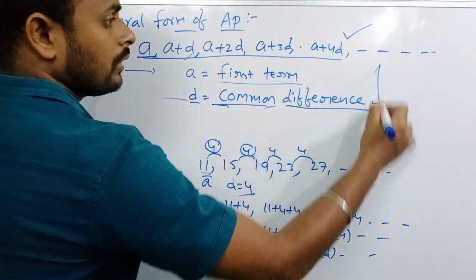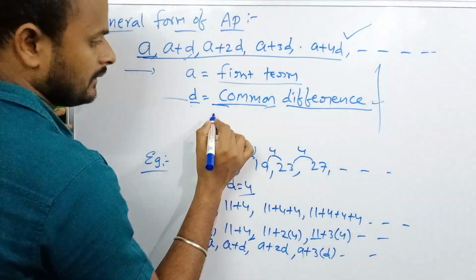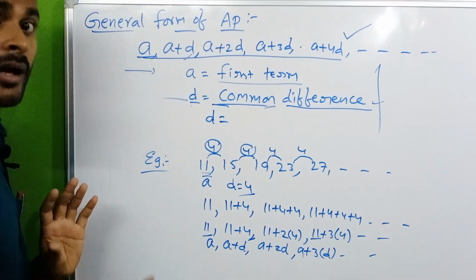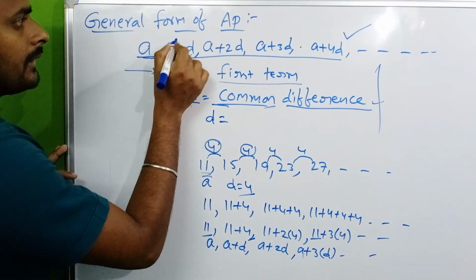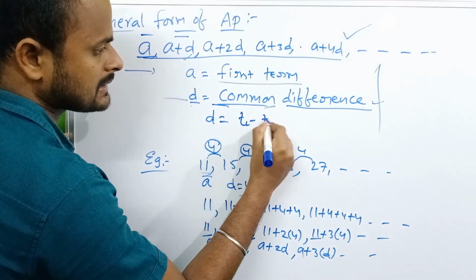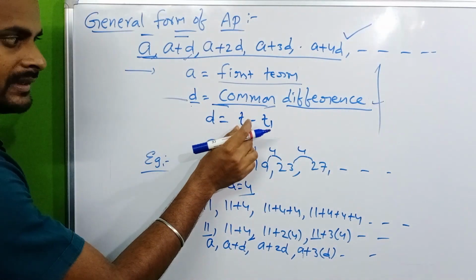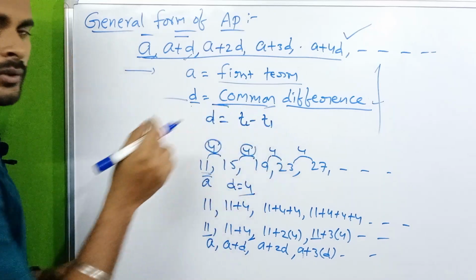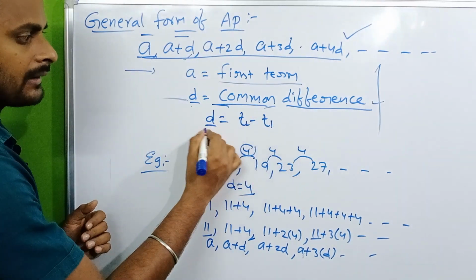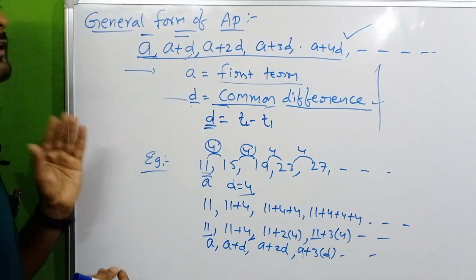The common difference is denoted by d. If it is an arithmetic progression, then the common difference is obtained by T2 minus T1. T2 is the second term, T1 is the first term. T2 minus T1, you get the common difference in an arithmetic progression.